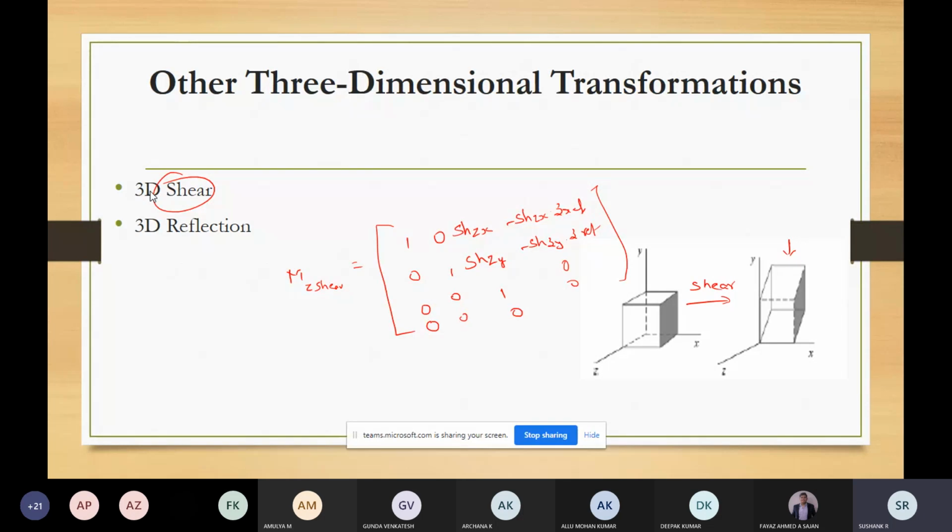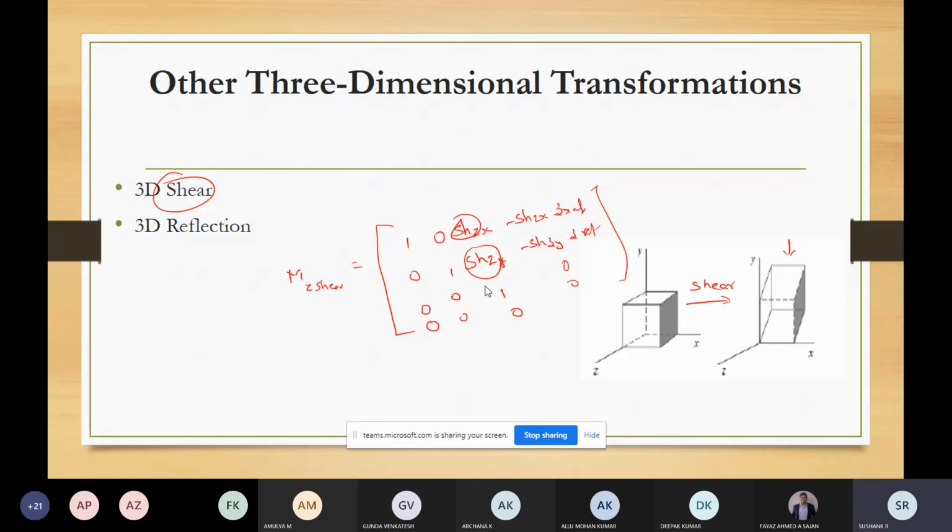This z shear matrix gives the z-axis shear transformation with respect to a selected position, where we are using a component called z reference. These values can be any real values.